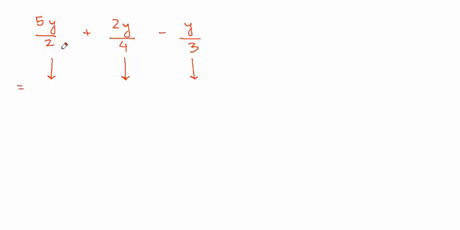The LCM of 2, 4 and 3 is 12. Therefore, you want to have something over 12 plus something over 12 minus something over 12.